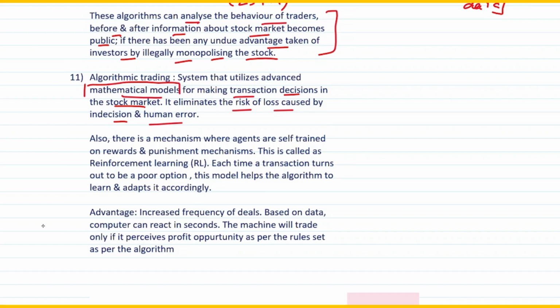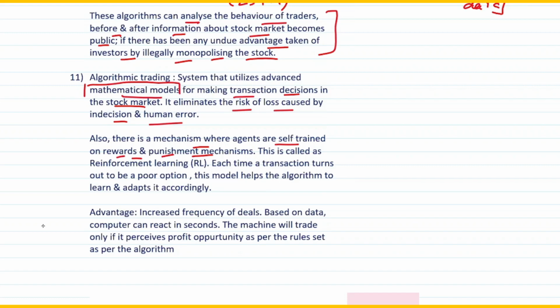Now also there is a mechanism where agents are self-trained on rewards and punishment mechanisms, right? These trading agents are trained on rewards and punishments. Rewards here talk about the profits, and punishments are basically the losses that you incur in trading, right? So this algorithmic trading has a mechanism wherein the agents automatically self-train on the basis of rewards and punishments.